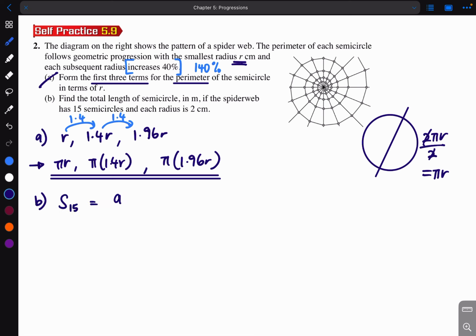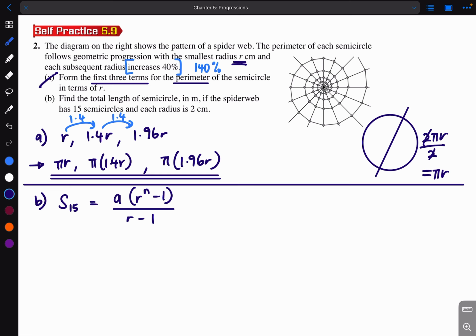The formula is a times r to the n minus 1 over r minus 1. This is question B. a will be the first perimeter, which is pi r. r we need to find. So r will be T2 divided by T1.